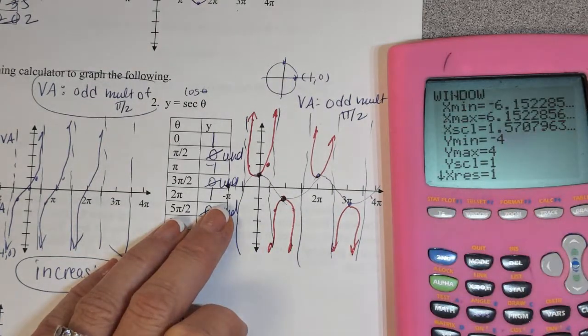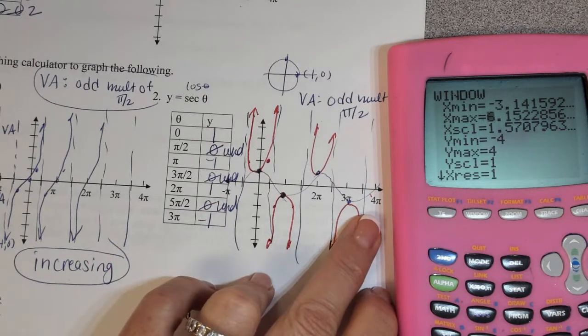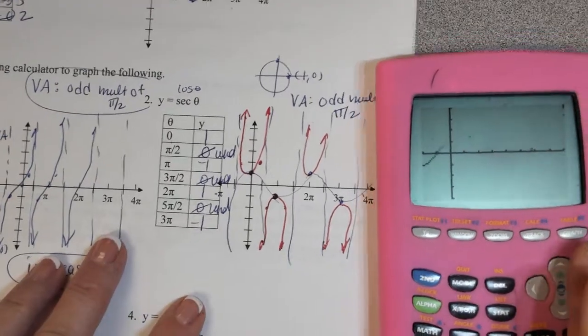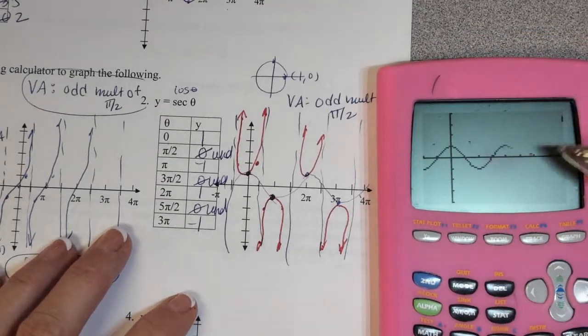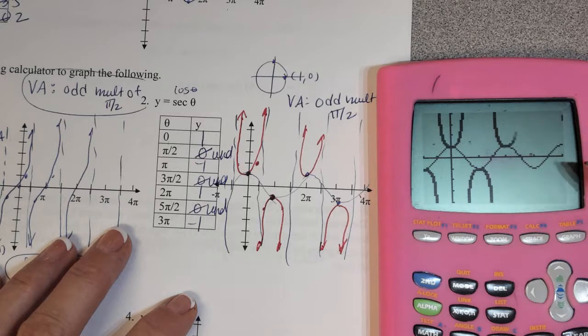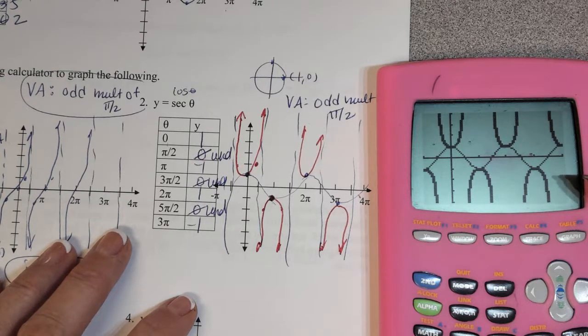So I'm going to change my window to go from negative pi to 4 pi, just to make it look exactly the same. And now I'm going to hit graph. Here's my cosine curve, and here comes my secant curve. I made my secant go in bold. Does that make sense? Any questions?